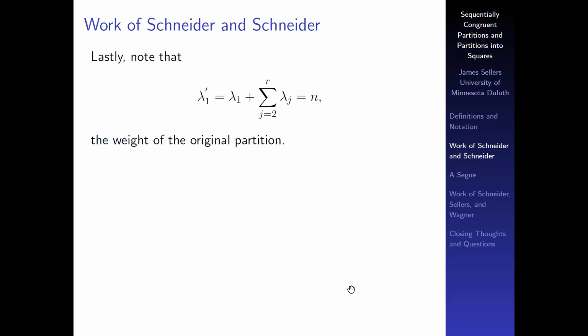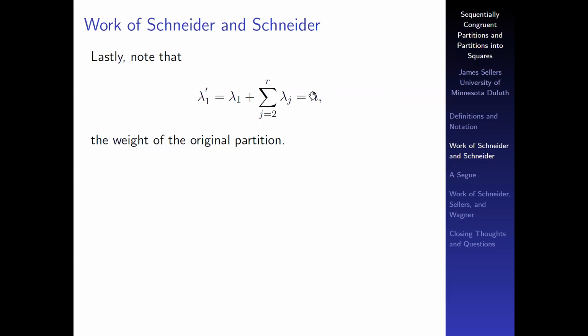And then all you have to check is that the largest part, lambda 1 prime, is equal to n. But lambda 1 prime is 1 times lambda 1 plus the sum of all the other parts in the original partition. And that is just the sum of all the parts in the original partition. And that, of course, is n because the original partition had weight n.